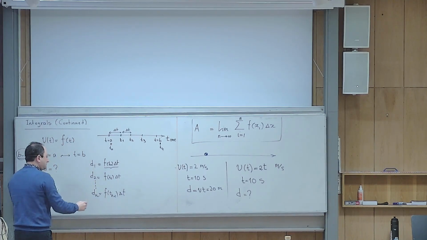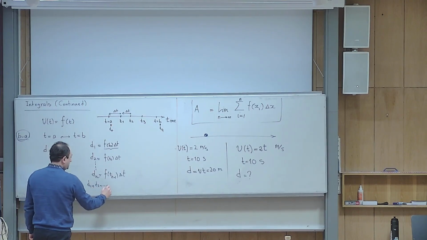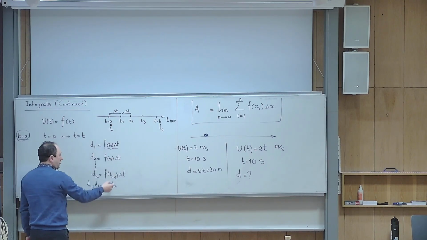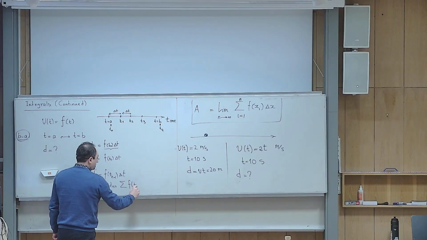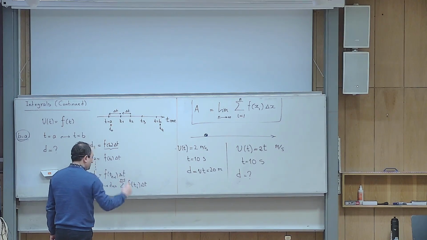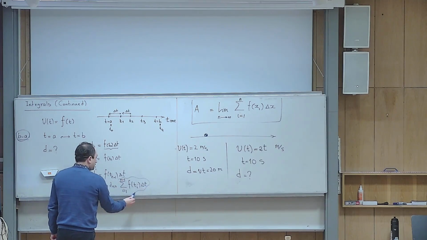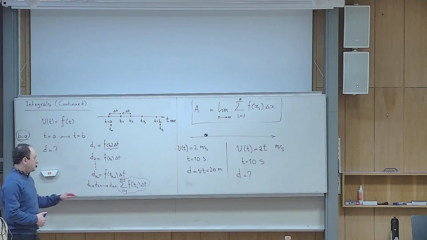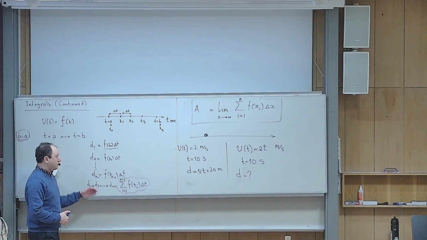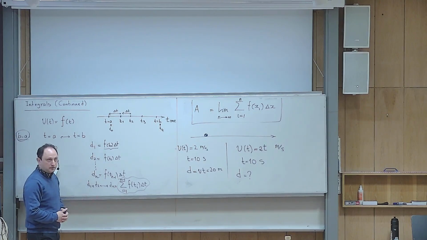And if I add these distances, so d1 plus d2 up to dn, I add them up and write the sigma notation for it, so it becomes the sum of f of ti delta t, i goes from 1 to n. If I ask you, what is this quantity that I calculated? You will tell me this is the approximate distance traveled by my particle during this time interval. Yes, is that clear?